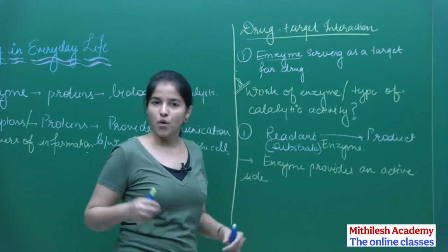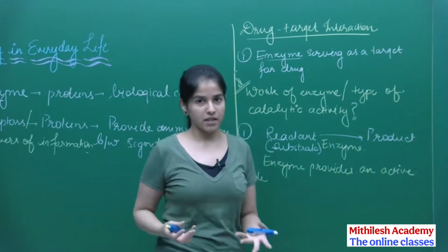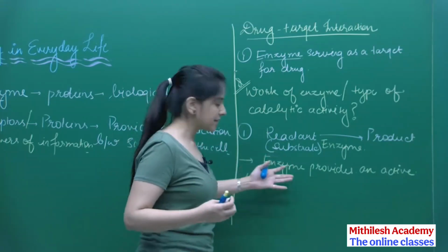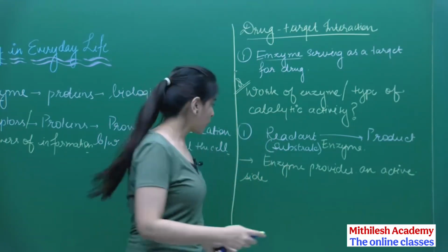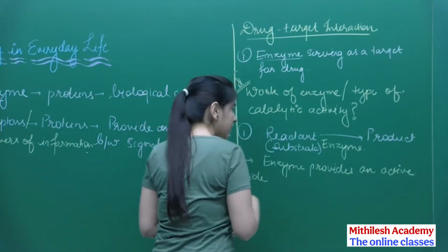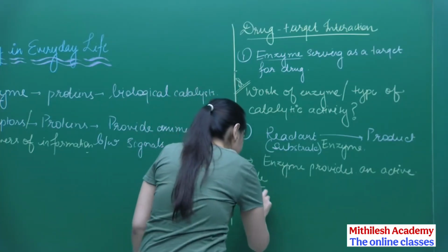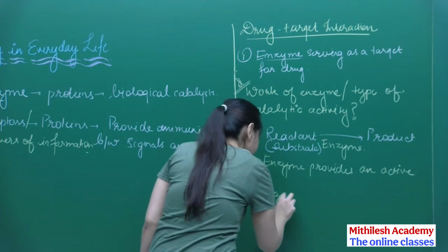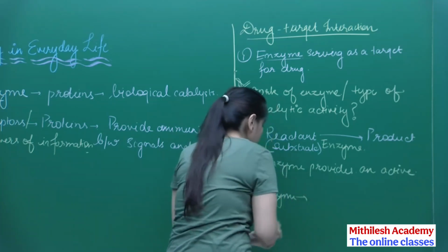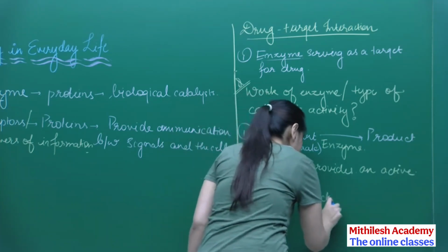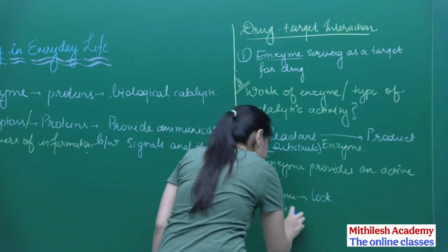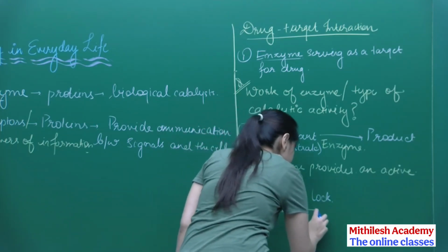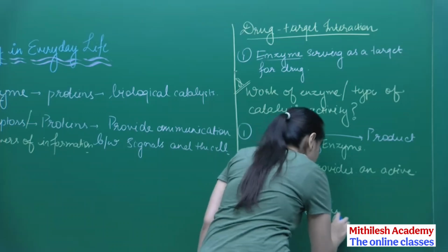That means what is the lock and what is the key? The lock is the enzyme, the key is the substrate which is going to fit in. So basically the enzyme is serving as the lock, whereas the substrate is acting as a key. So this is known as the lock and key model.